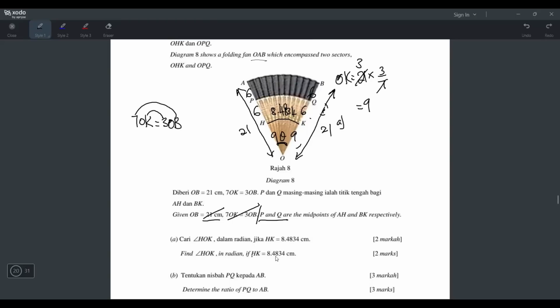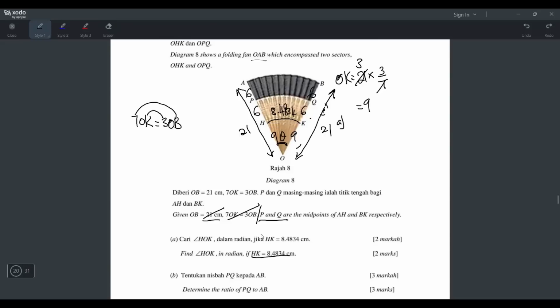Use the arc formula lah. Because they already wait. They never say this is arc, right? Yeah, they should mention that this is arc because HK can mean like this, but it can also mean like this, right? Like this also HK, right? And if it's like this, then we call it the chord. Then we have to use different formula, right?